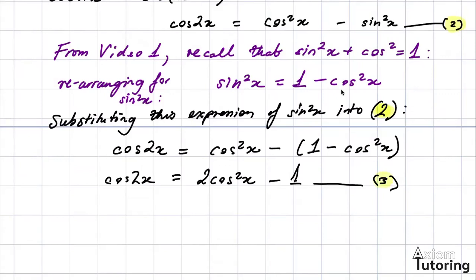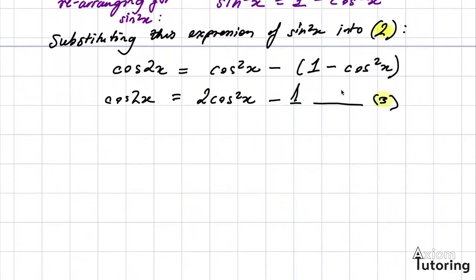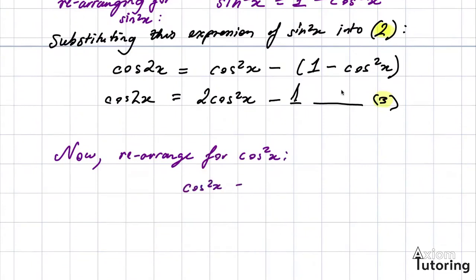Well, because we did that for sine squared x, we can do the same for cos squared x. So now rearrange for cos squared x. It's quite simple. Cos squared x is just 1 minus sine squared x.